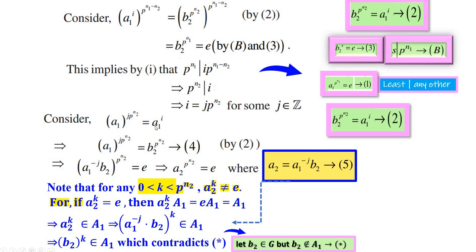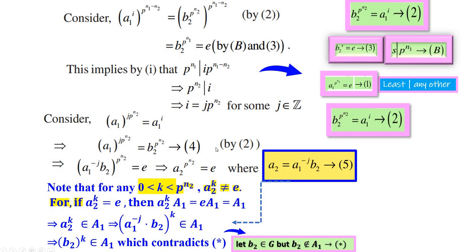We have this. Now we consider a1 raised to j p^n2. Then this is nothing but a1^i, because j into p^n2 is i. And a1^i, you have got that to be b2^(p^n2) by equation 2.